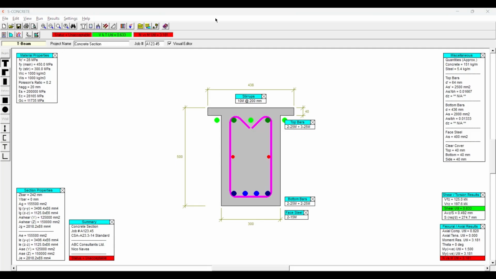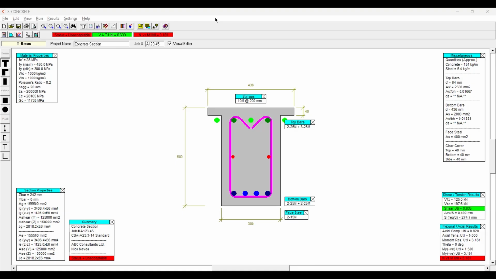So the beam section with dimension 300 millimeters by 500 millimeters was analyzed using Alter S concrete. Material properties were defined: 28 MPa concrete compressive strength, 415 MPa reinforcing steel yield strength, and 275 MPa steel yield strength.